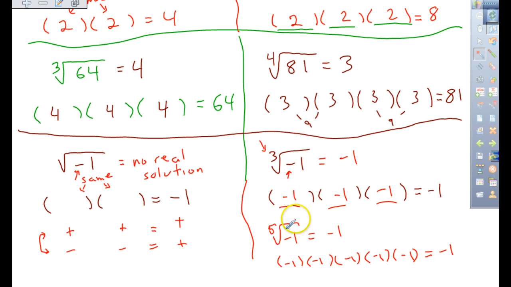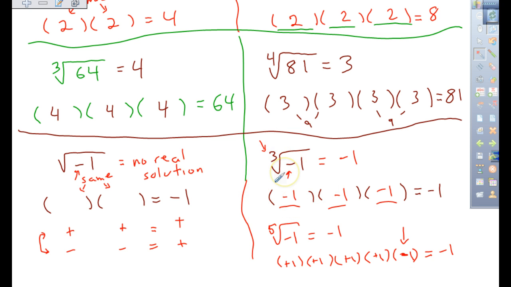That all works. But if it's an even root, there's no way to get a negative. These two pairs cancel and make a positive, these two pairs cancel and make a positive, but having that odd number, you always have one more negative that'll make the whole answer negative. So you have to have an odd number here in order to have a negative answer.